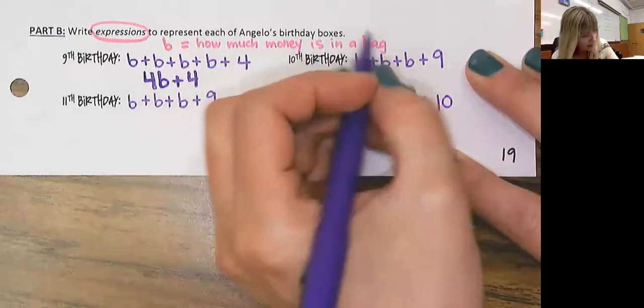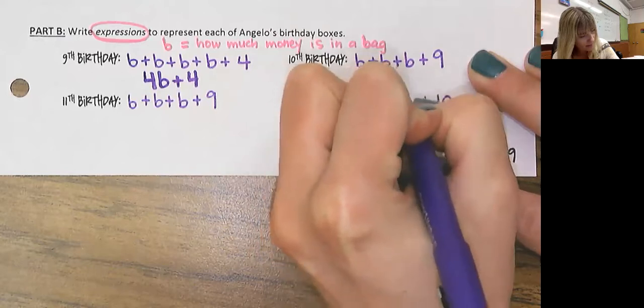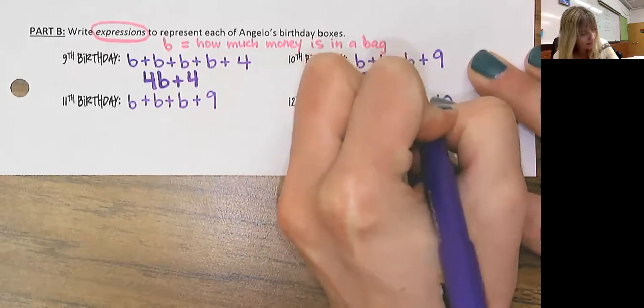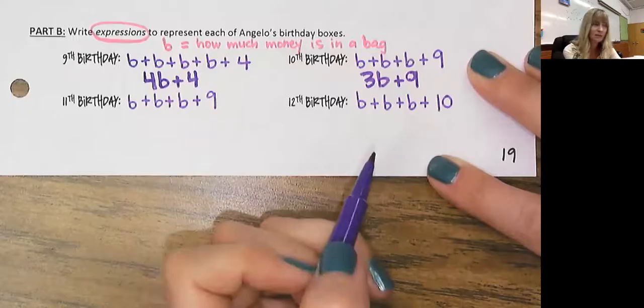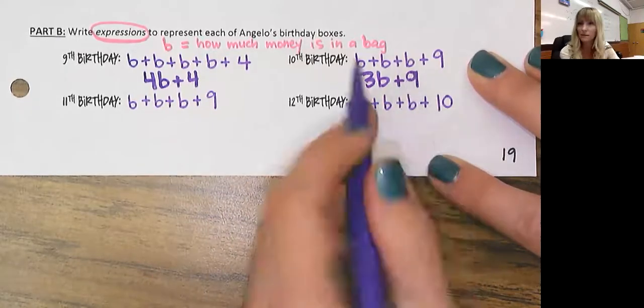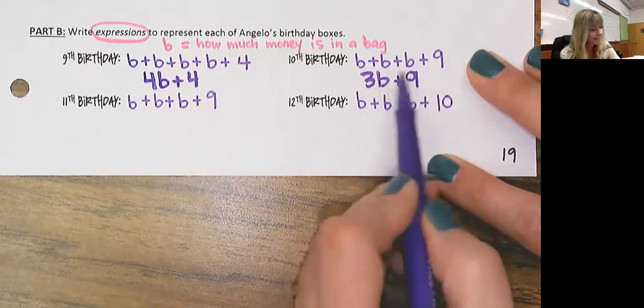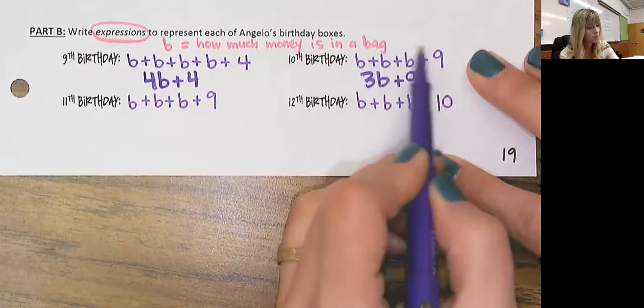Which means this one, I can say 3B, 3 bags, plus 9 bills. And again, I'm not going to put those together because I don't have 12 bags and I don't have 12 bills. I have 3 bags and 9 bills. Keep them separate. Okay. However, this is equivalent to this.